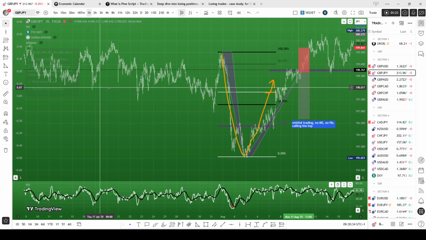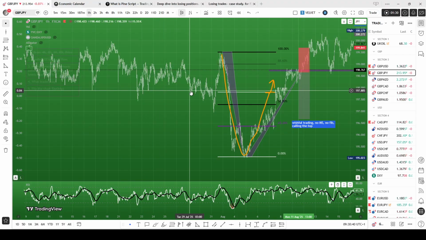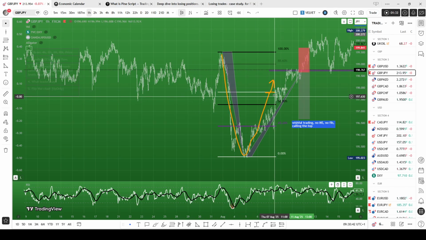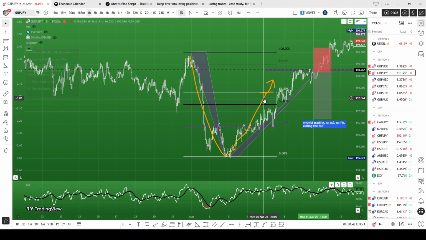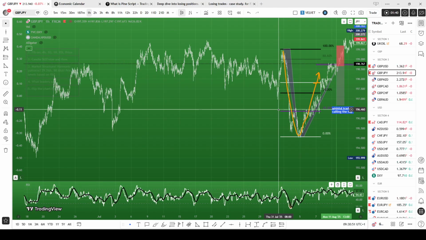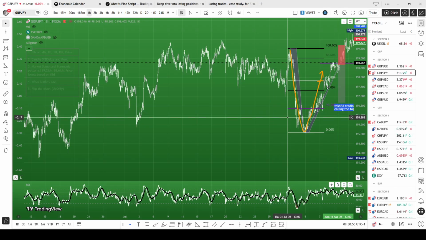Because this resistance could turn out to be support, but it wasn't. It turned out to be a resistance. Well, just the other way around. I'm sorry, I should actually pay more attention to what I'm saying.